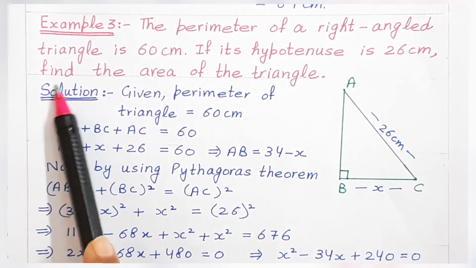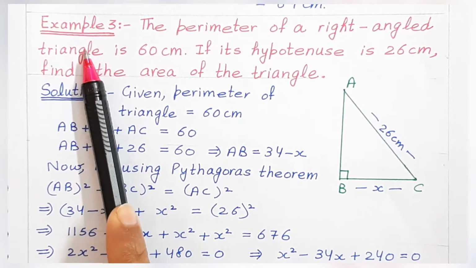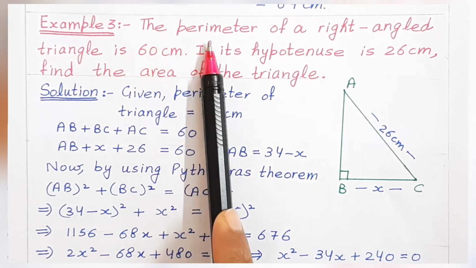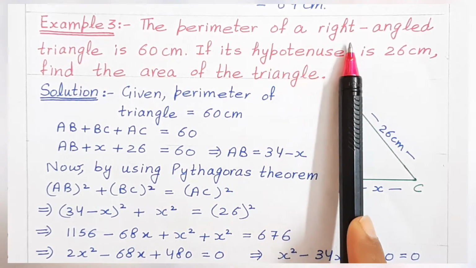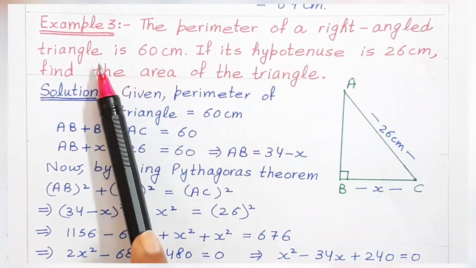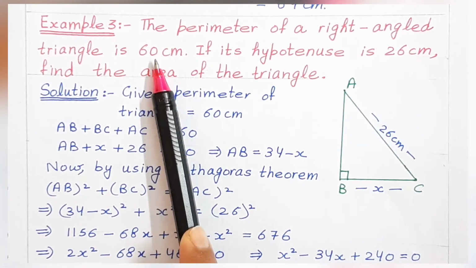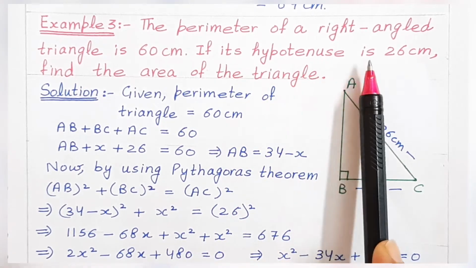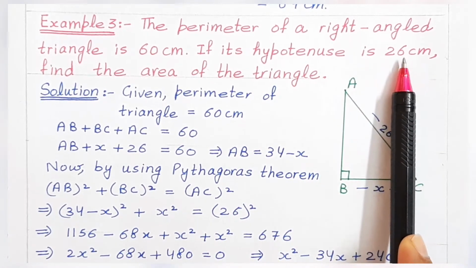Now students, let us discuss another example. Example number 3: the perimeter of a right angled triangle is 60 centimeter, and its hypotenuse is 26 centimeter.